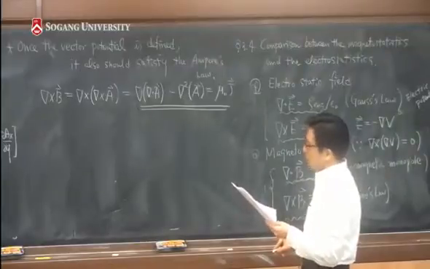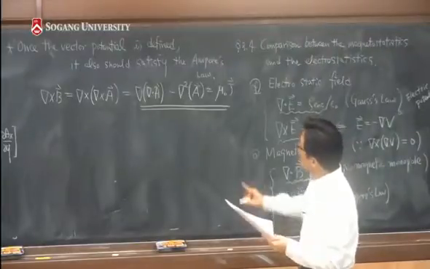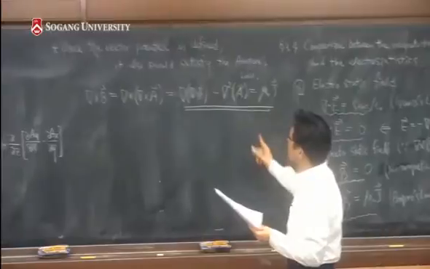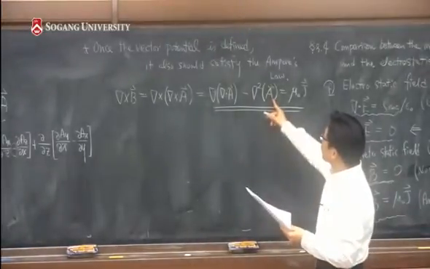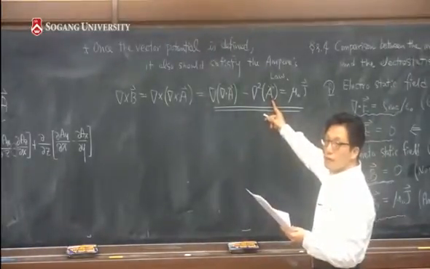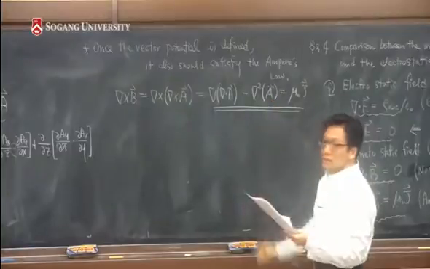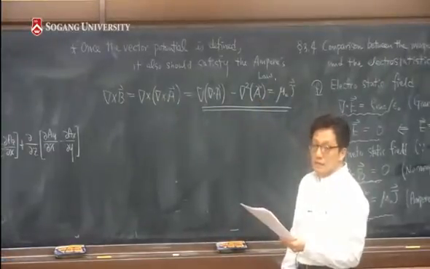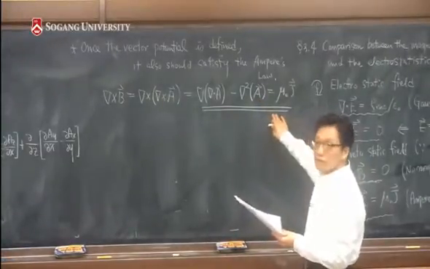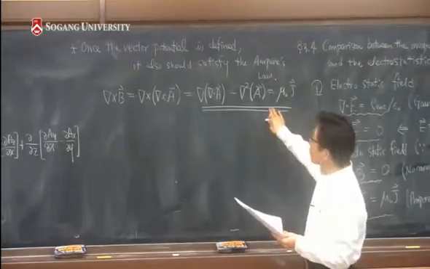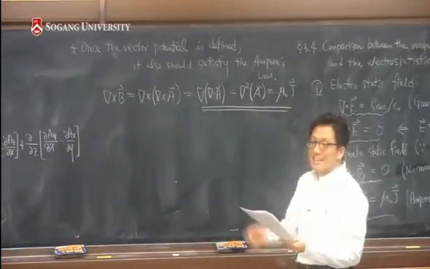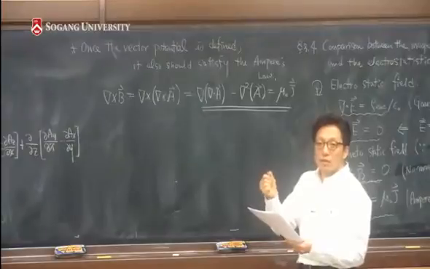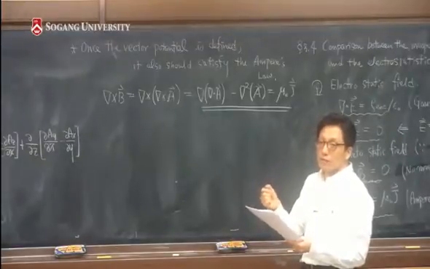But the full solution of the vector field, the vector potential in this case, is not uniquely given. So this is a kind of differential equation, and the solution of a differential equation highly depends upon the initial condition, as in the case of dynamics.